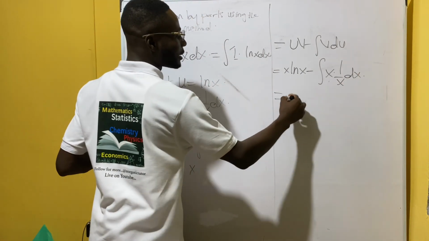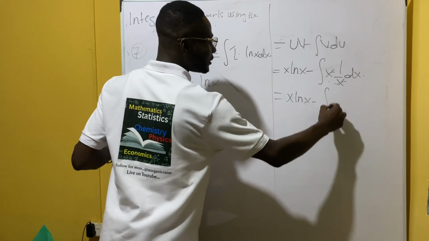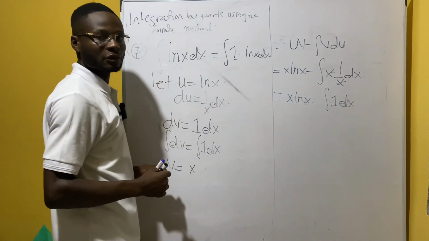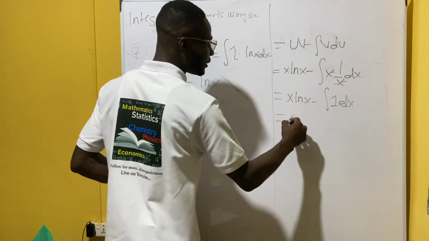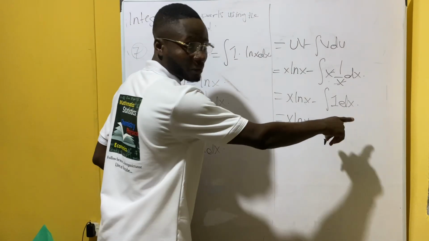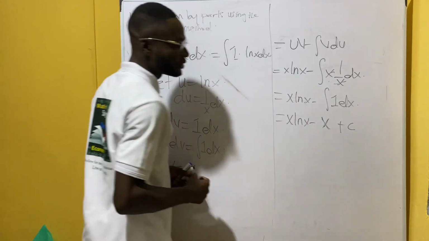We can see clearly that this cancels, and we have integral of 1 dx. So we have x ln x minus the integral of 1 with respect to x, which is x plus a constant of integration.